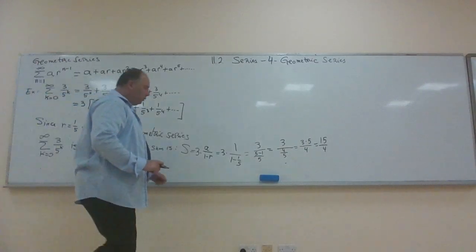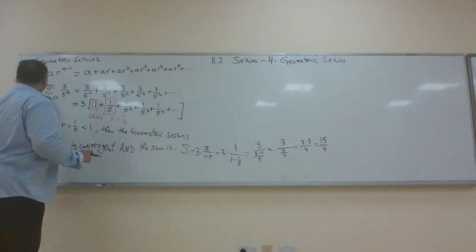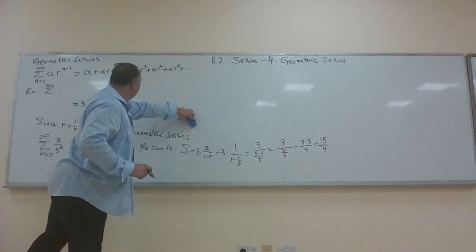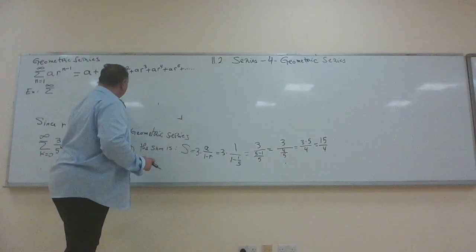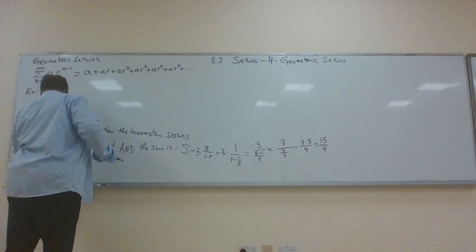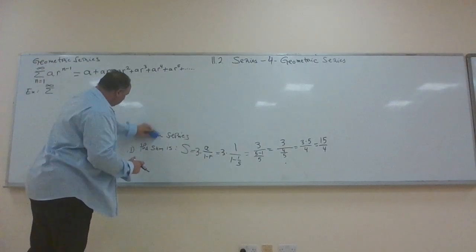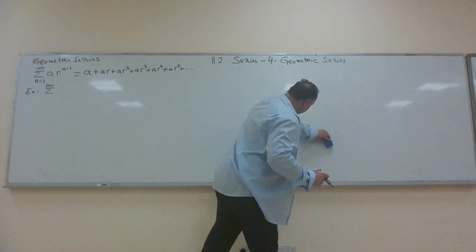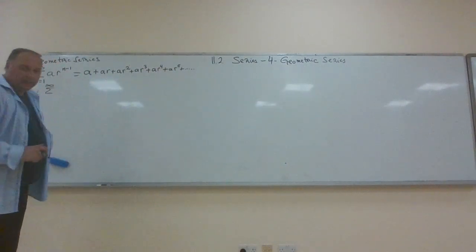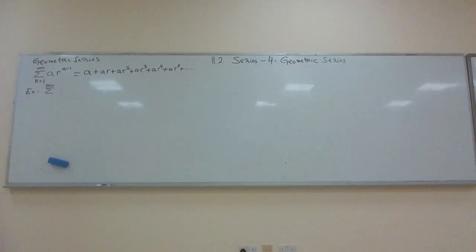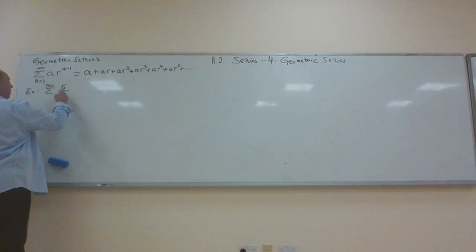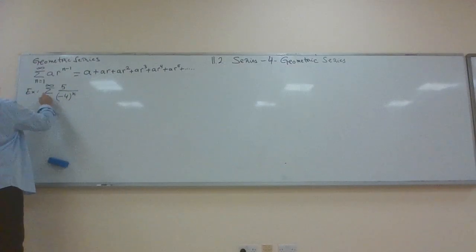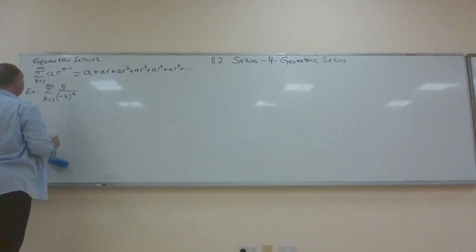Maybe we can have another one. You see, if we factor something, we keep it there, we don't forget about it. So let's say now we have a different series: 5 divided by minus 4 to power k, and this time k goes from 1 to infinity.